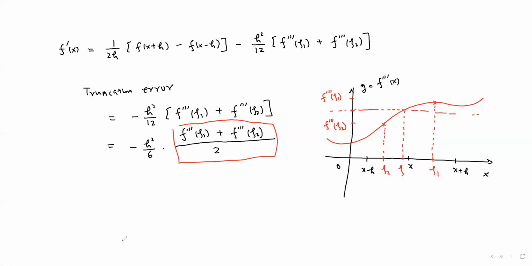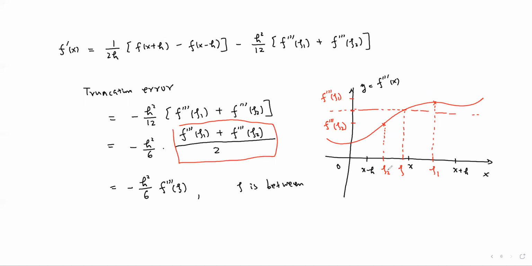So I can simplify the error as the third derivative of the function at some point psi, where psi is between psi 1 and psi 2.